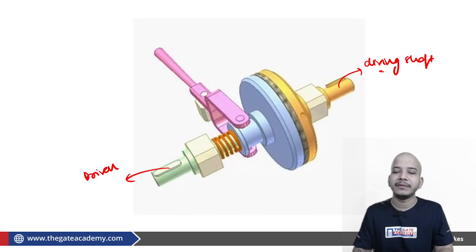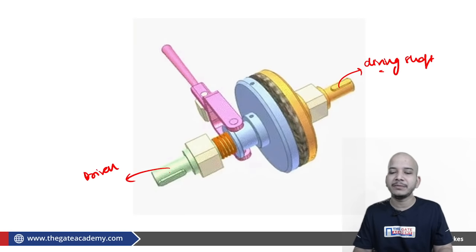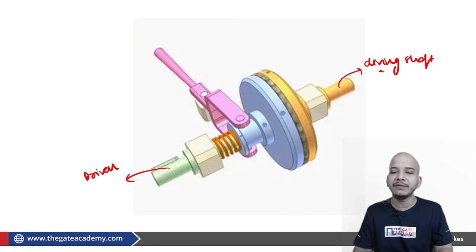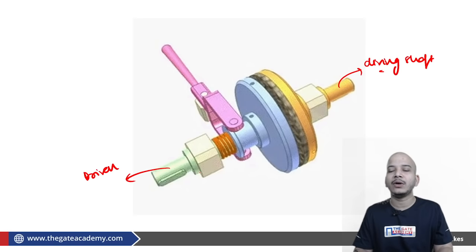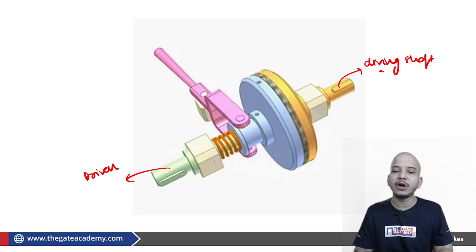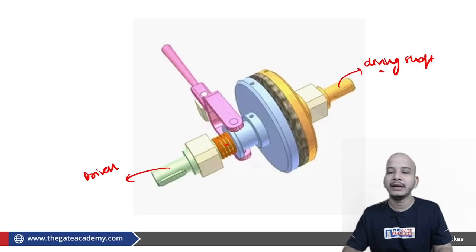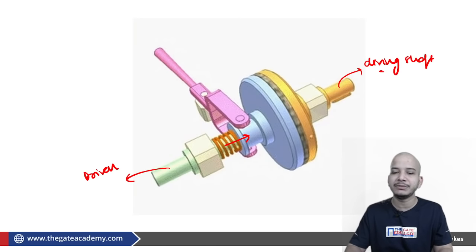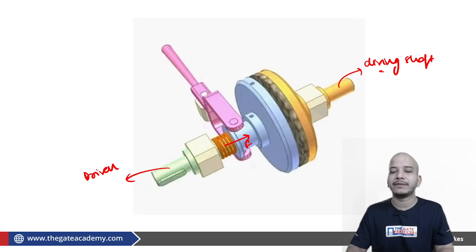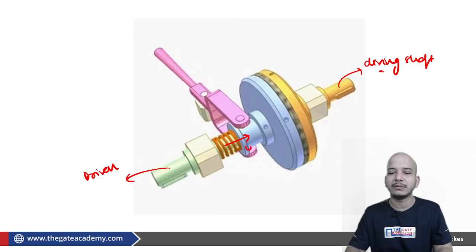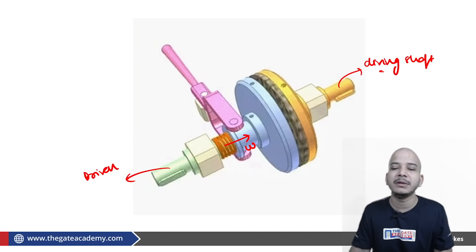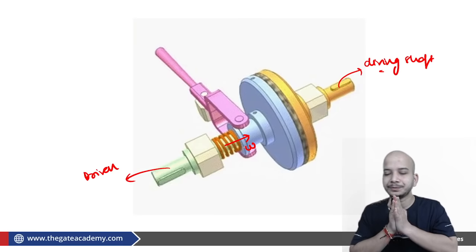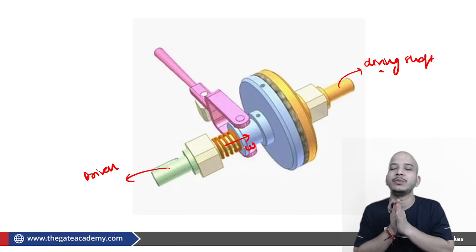Now initially this driven shaft was at rest, and once it comes in contact with the driving shaft, it will start rotating also. How is it coming in contact? With the help of engaging forces coming from friction, from this arrangement. So this is F. There must be some force in order to bring both surfaces in contact.